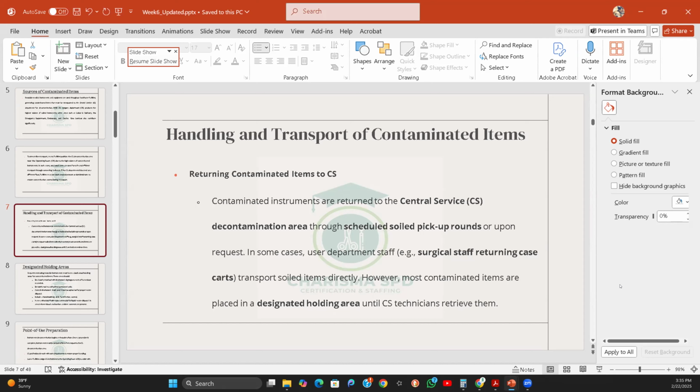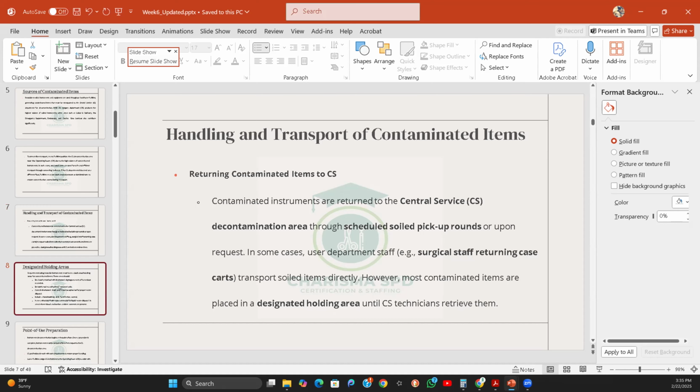In the case of the OR, the surgical techs are the ones who are supposed to deliver them to the central sterile processing department. In other units, sometimes the workers there are the ones who are supposed to deliver them to the decontaminating area to be reprocessed.